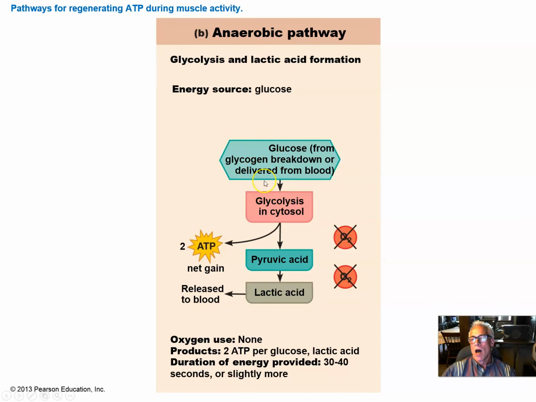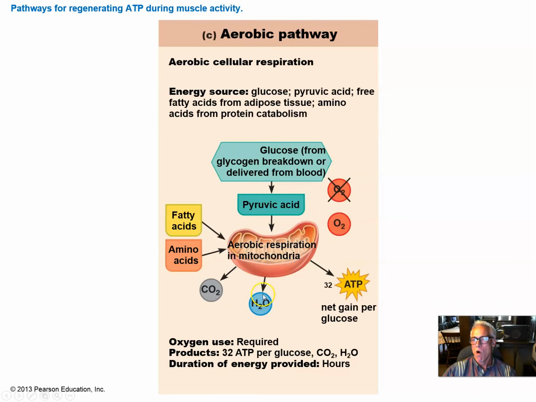Short, high-intensity contractions that last for 1 minute or a little more involve anaerobic glycolysis and fermentation and lactic acid production, or lower tension contractions can be supported by aerobic respiration, getting 32 ATPs per glucose using the mitochondria, using Krebs cycle and electron transport chain.